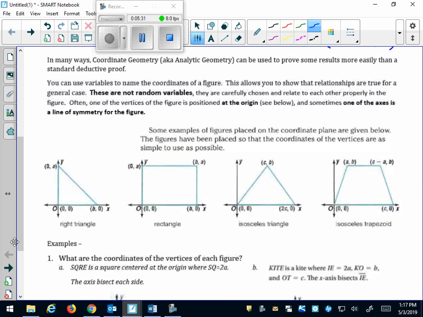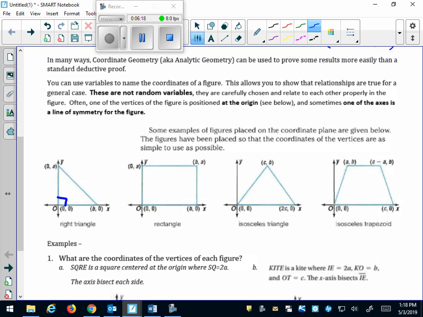All right, so coordinate geometry is basically taking shapes, figures, and putting them on an XY axis. And we do this, we're going to label the coordinates using variables. Now, what we want to do, and this is kind of a strategic thing here, and there's different ways of doing it, is think of the shape that we want. In this first one, we wanted a right triangle. Well, in order to guarantee that when we plot these points on a coordinate plane, that it's a right triangle, we can make it so that the right angle is right at the origin.